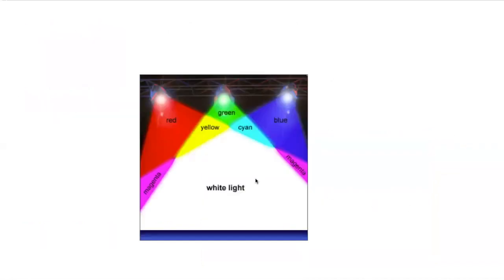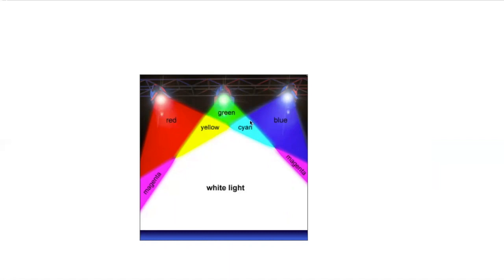See, if we have three lights here, red, green, blue, you might have seen some lights that they use for dance. In that, they have three lights, and if they combine two lights, it will become a different color. That's why when they're rotating the lights, so many colors are formed on the dance floor. See, red light and green light, if they mix, will form yellow.